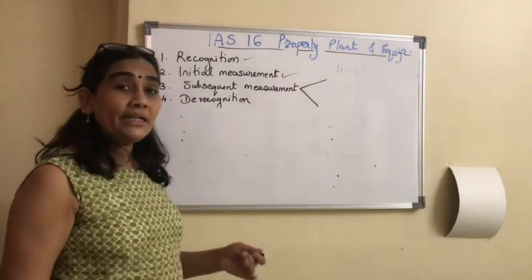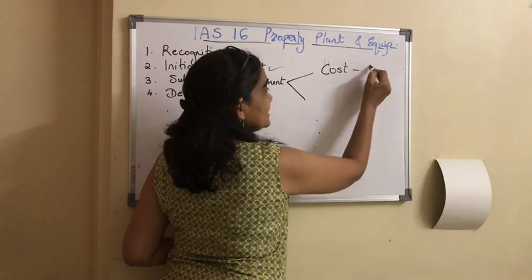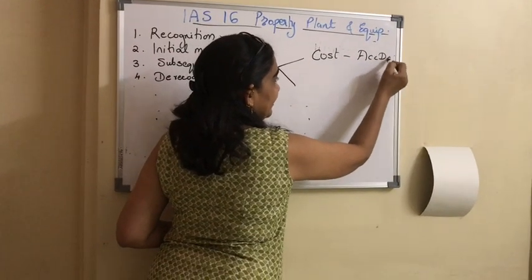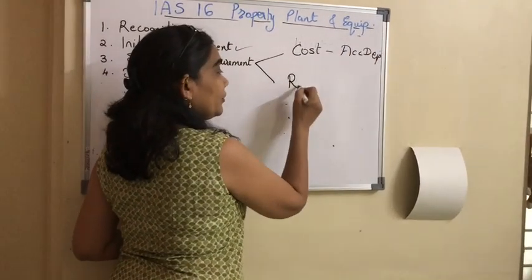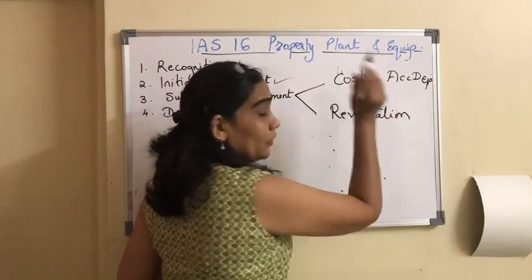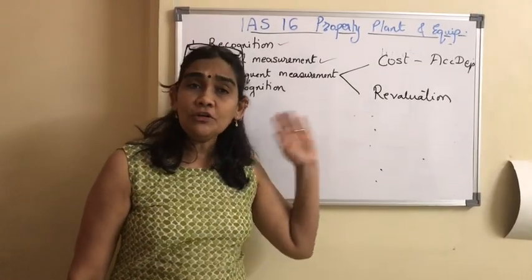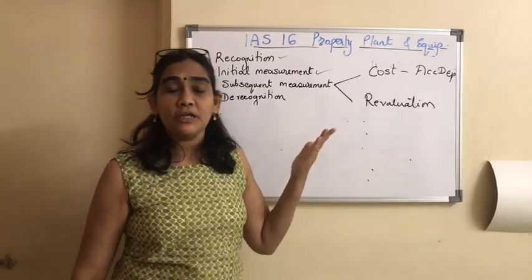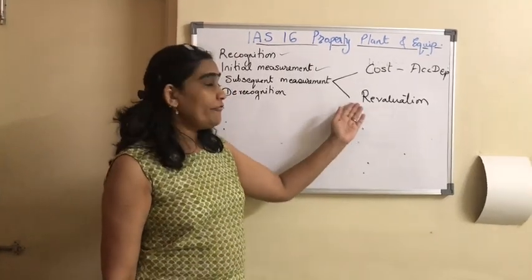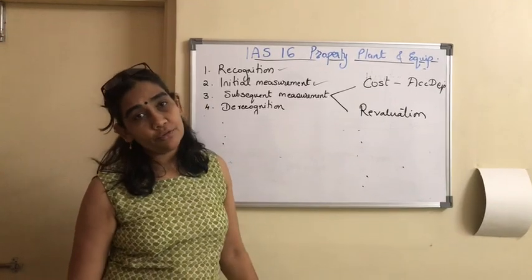First, you can continue to value it at cost less accumulated depreciation, or you can use revaluation. Revaluation method is used when the value of the property keeps changing over the years. So, faithful representation can be done if you are using the revaluation model.